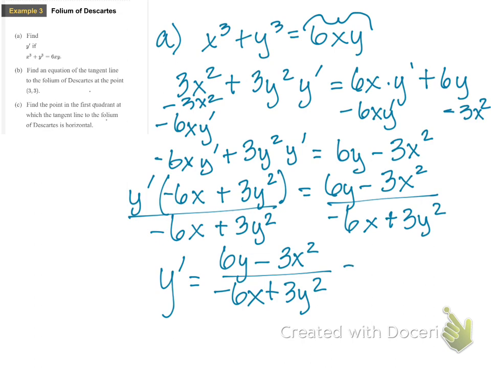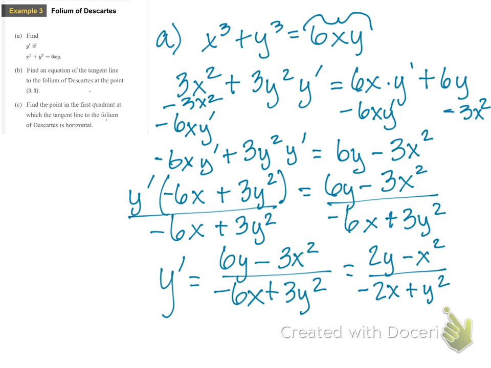So if you simplify and reduce everything by 3, you end up with 2y minus x squared over negative 2x plus y squared. So that's part A. Are we good with that?